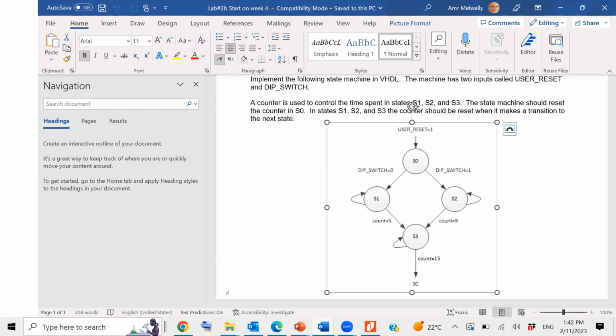So the counter could be considered an input, and this input is internal. It is not like a dip switch or a reset that I can put from outside, which can be physically out there. A counter is implemented, and you can use it as a signal to see what's going on. Okay?